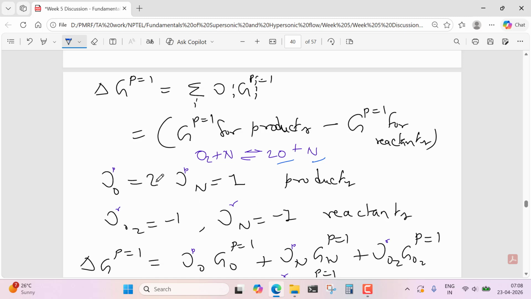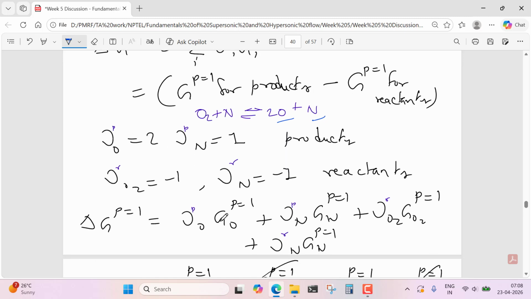So we substitute the values in this equation. We get delta G at P equal to 1 equal to nu O times G O at P equal to 1 plus nu N times G N at P equal to 1 plus nu O2 for the reactant times G O2 at P equal to 1 plus nu N for the reactant times G N at P equal to 1. You substitute all these values in the equation.